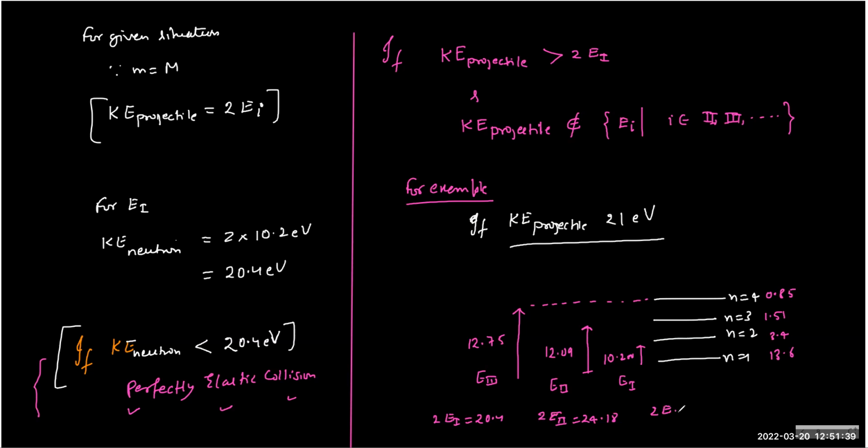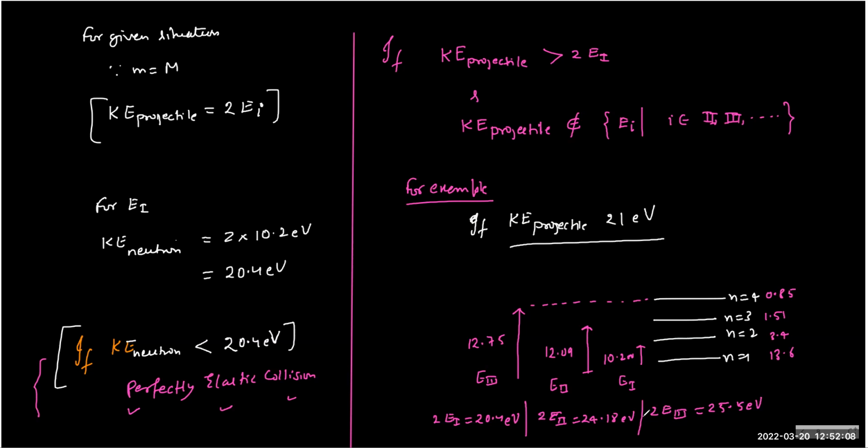And 2E3 is how much? Tell me, guys. 25.5. 12.75 into 2 is 25.5. So now these are the values, and you need to make the calculation very quickly and then you can see something.